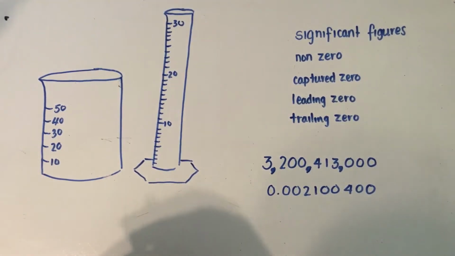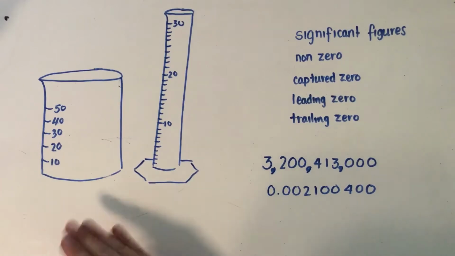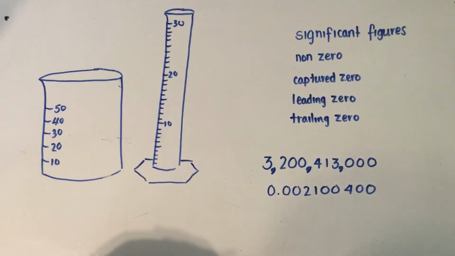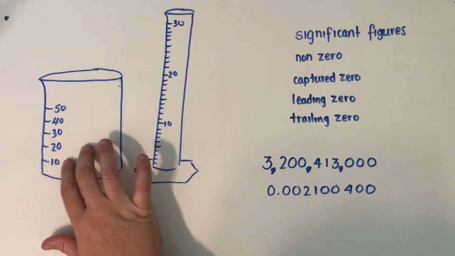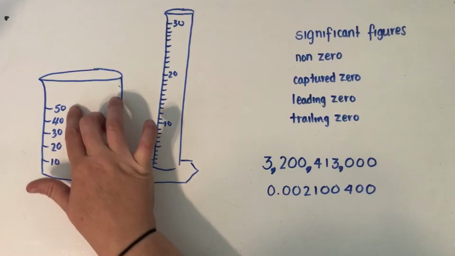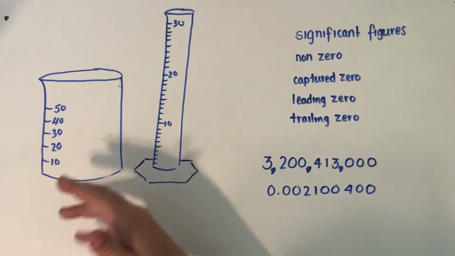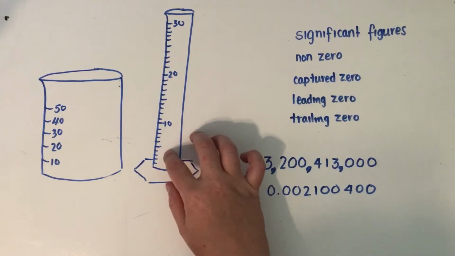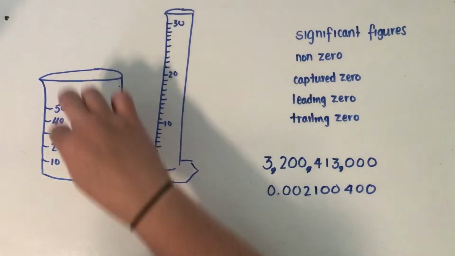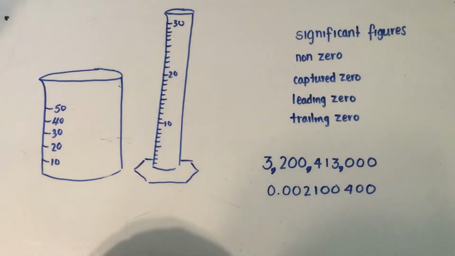The reason that significant figures and precision are so incredibly important is because when you're looking at science and taking measurements using different instruments, precision costs money. I drew a picture of a beaker, and the beaker has these increments, or the smallest lines, at every 10. The beaker maybe costs $10, whereas a graduated cylinder, if we drew it a little bit higher, could hold the same amount of volume.